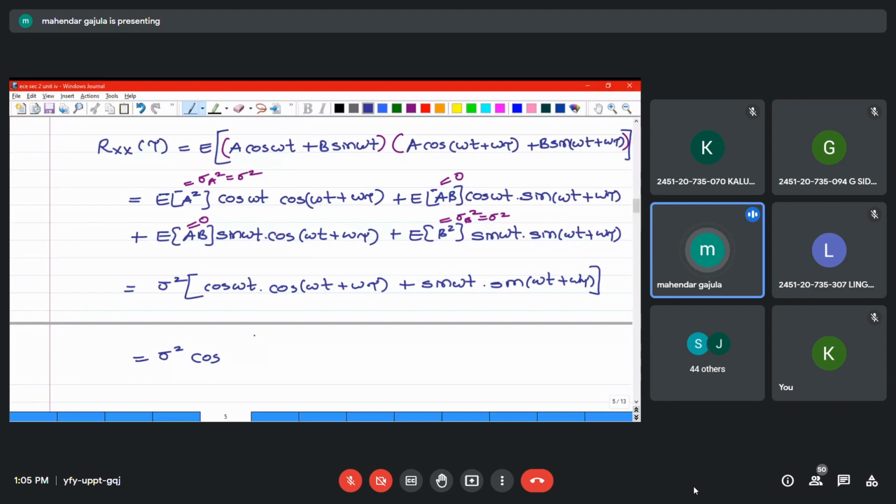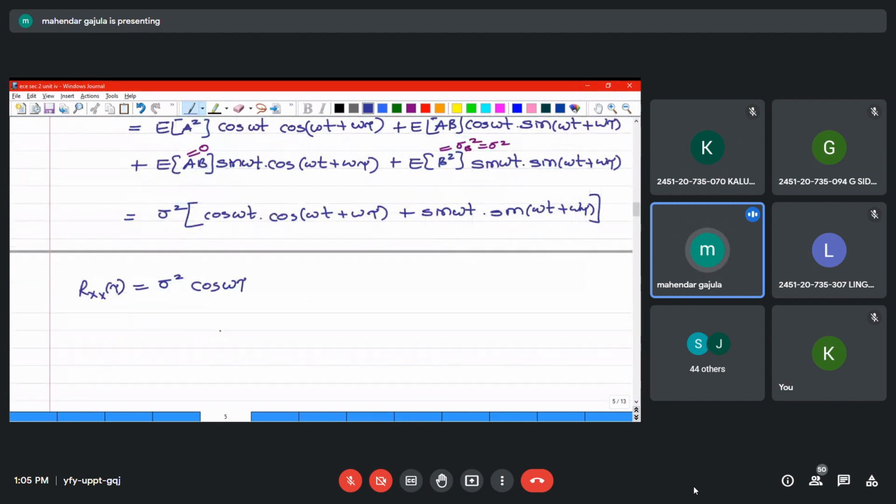So anyway, A minus B is minus omega tau. Cos is an even function. So R double X tau. Now we have seen that the expectation of xt, the mean, is 0.